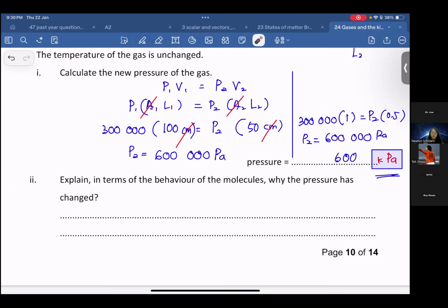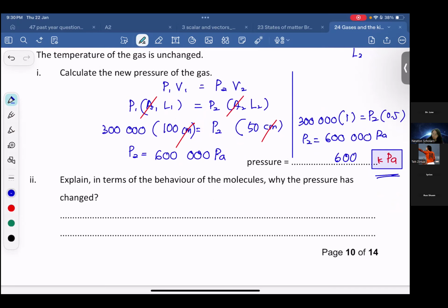What happened in terms of the behavior of molecules? Why do molecules cause the pressure to change? Molecules collide with the wall of the container more often.